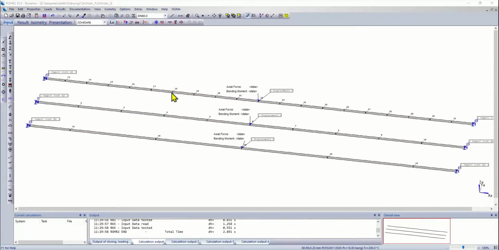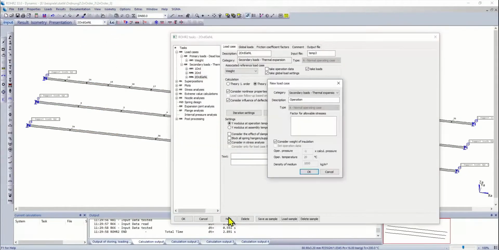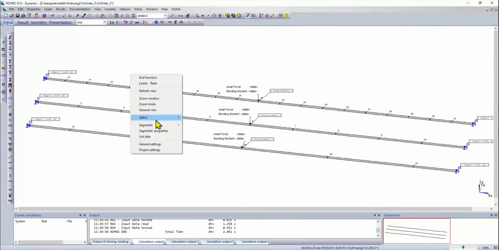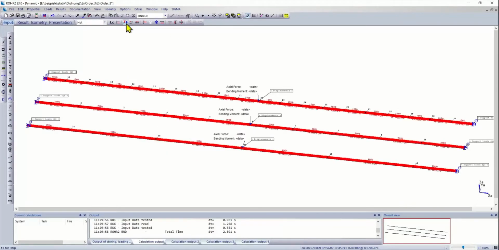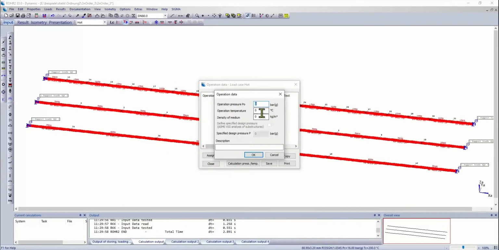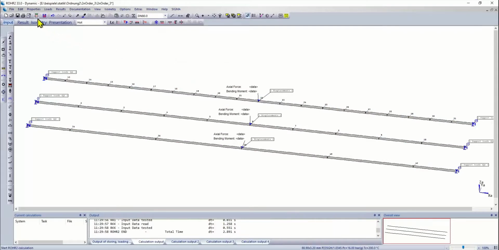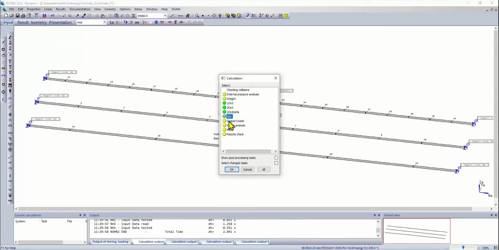So we quickly create another load case just in the same way, but now we call it hot, and we'll take over all the data from this last load case, do second order theory, geometric nonlinearity, and we apply a temperature now from, let's make it just 60 degrees, so a little bit hotter. And now let's run the calculation to see what happens in the hot case.